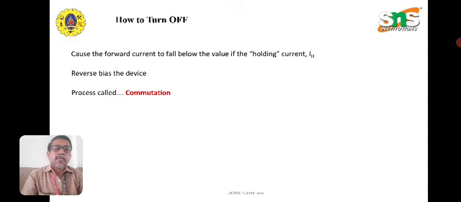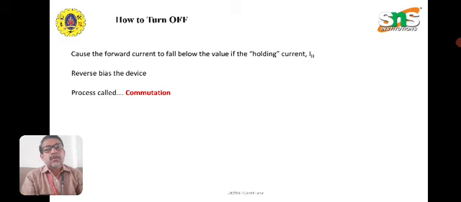Since all we are going to study uses the thyristor in rectification circuits, meaning controlled rectification circuits, where the input is AC, alternating current, naturally in the positive half of the waveform the thyristor will be in forward bias condition, and in the negative half the thyristor will be in reverse bias condition. If the thyristor is in reverse bias, then the anode is negative with respect to the cathode.